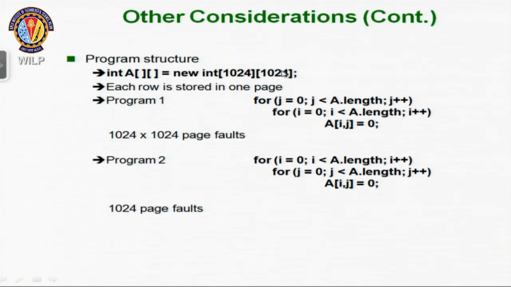We have a notion of row major and column major. Let's assume that each row is stored in one page. So we have 1024 rows, and therefore these are going to be stored in 1024 pages. Now if we write a program where we access the first element of the first row, then the first element of the second row and so on, then there are going to be so many page faults.